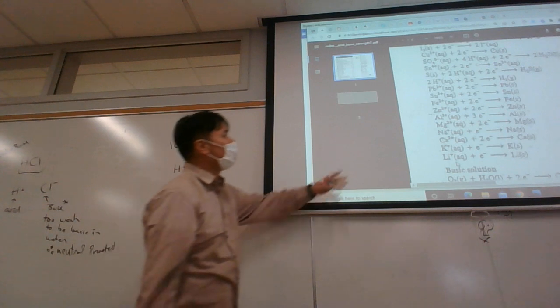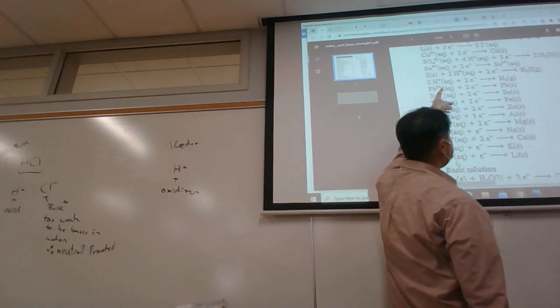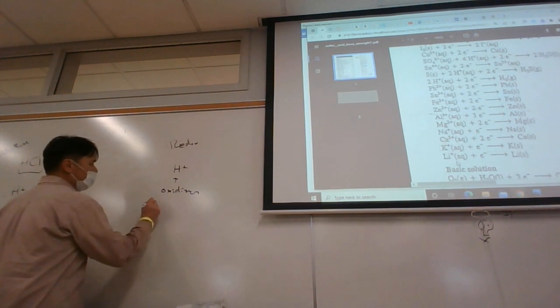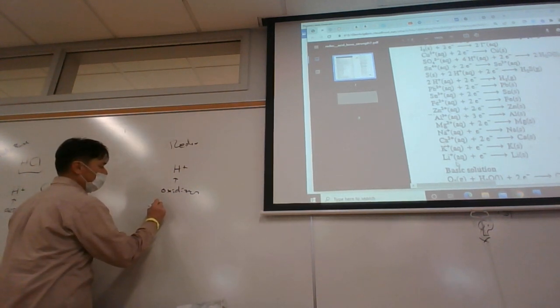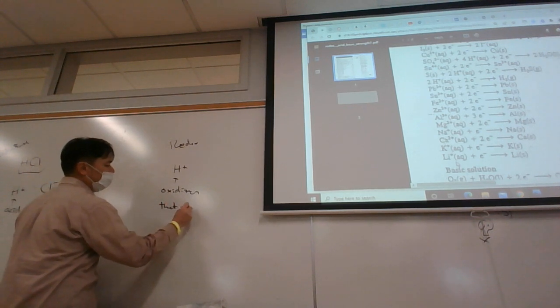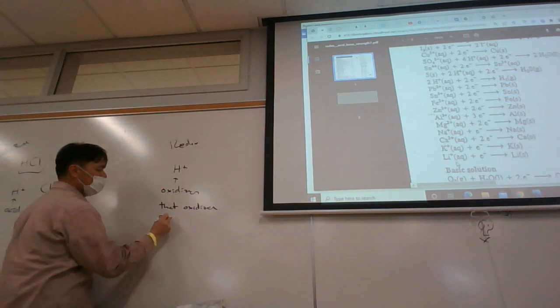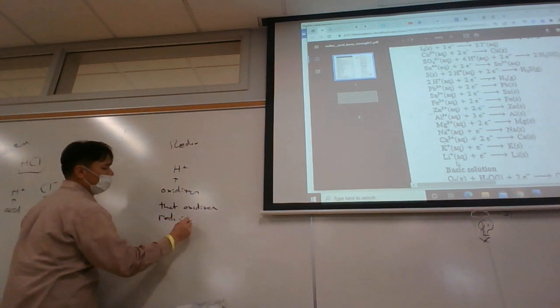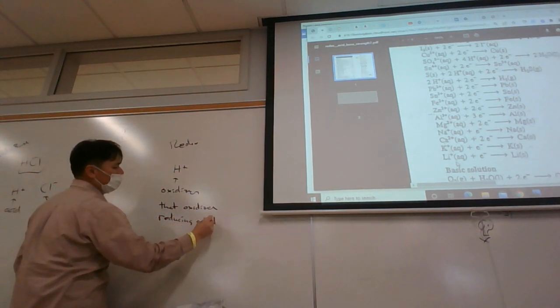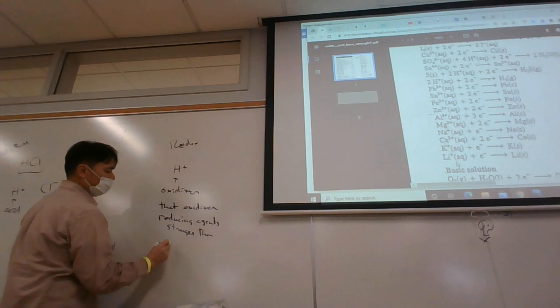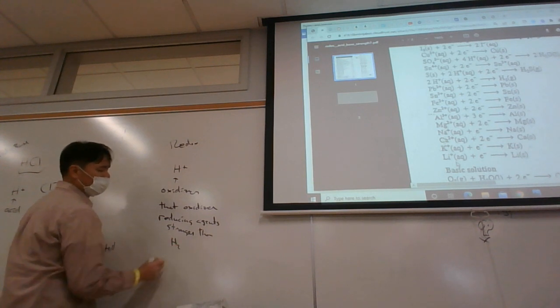It's not one of the most powerful oxidizers, but it's a moderate oxidizer that will oxidize reducing agents stronger than H2.